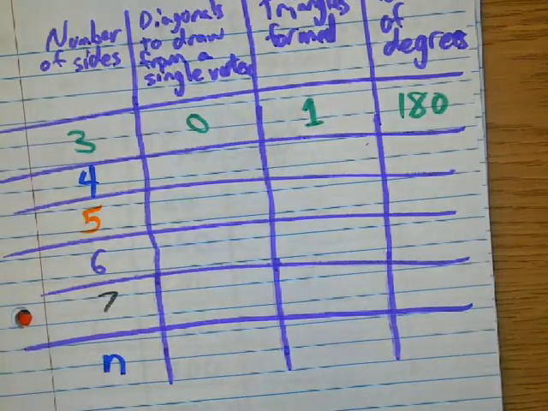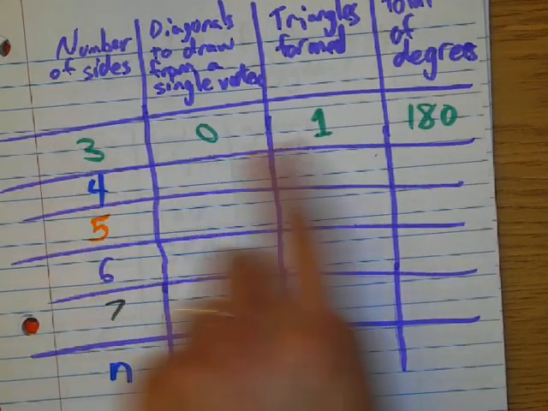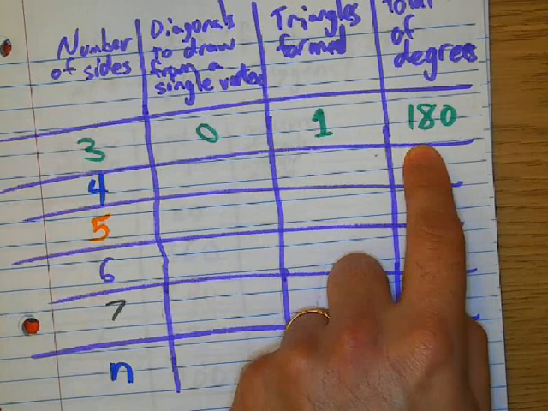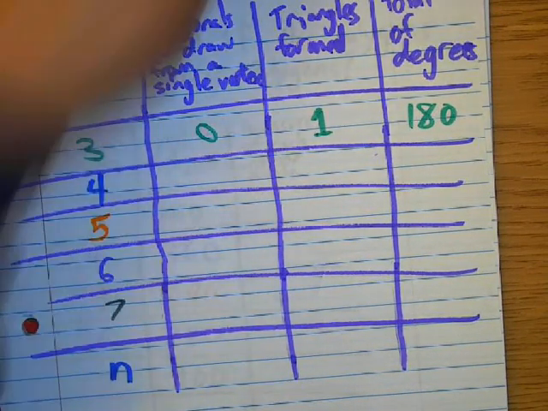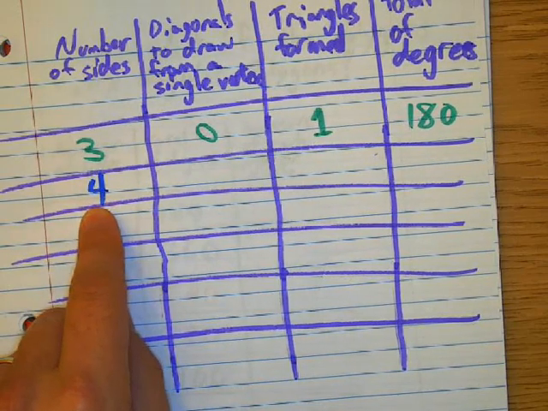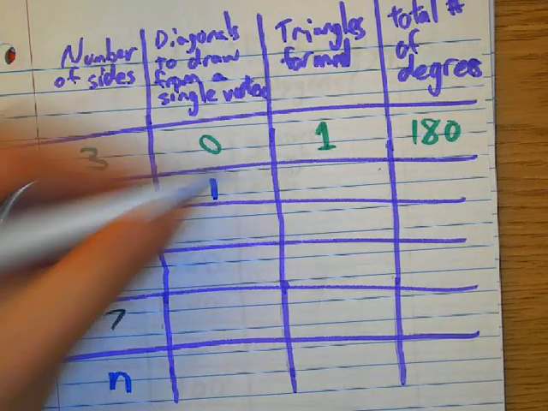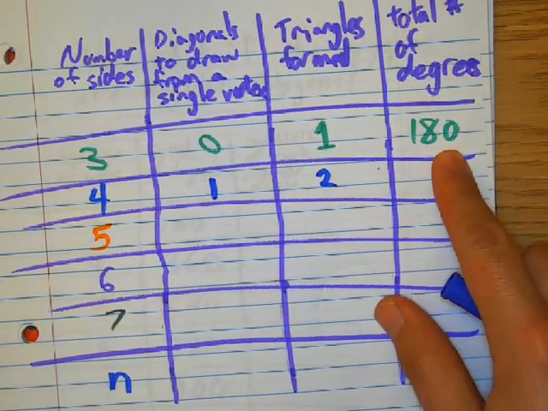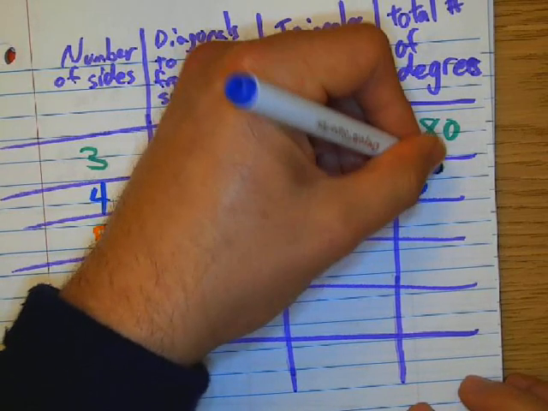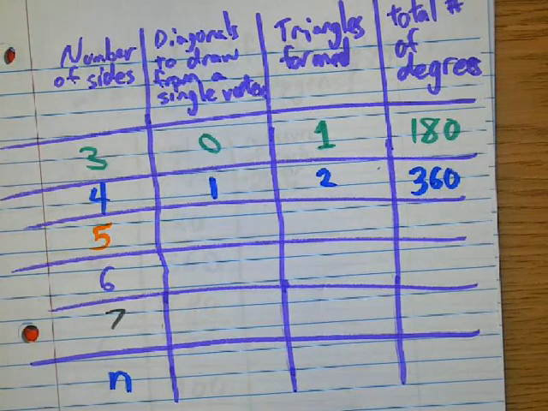So when I had my single triangle, there were no diagonals, and the degrees added up to 180. If I had a 4-sided shape, I had 1 diagonal, and there were 2 triangles, and then we knew that the total degrees was 360 of all the angles inside the quadrilateral added together.